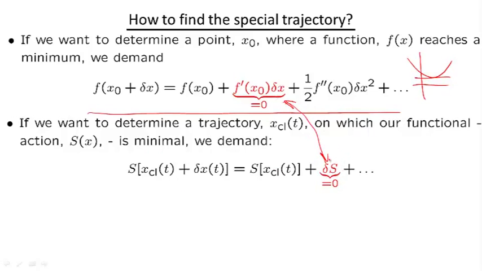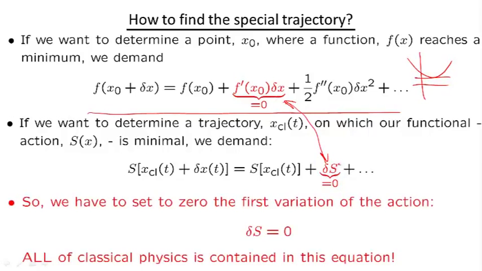This equation, delta S equals 0, is the mathematical expression of the principle of least action, and in some sense all of classical physics is contained in this equation, which is actually quite remarkable.